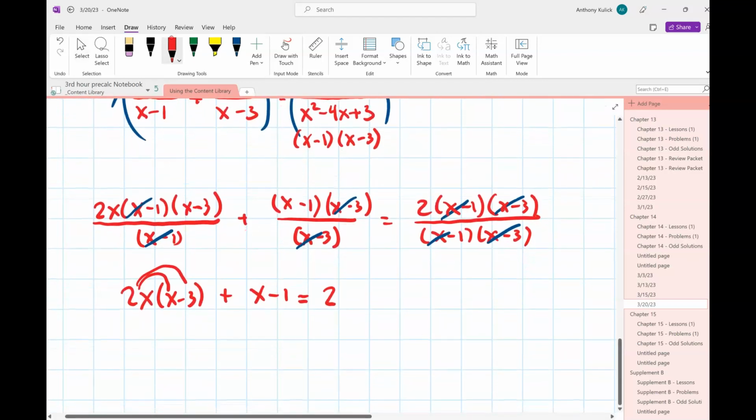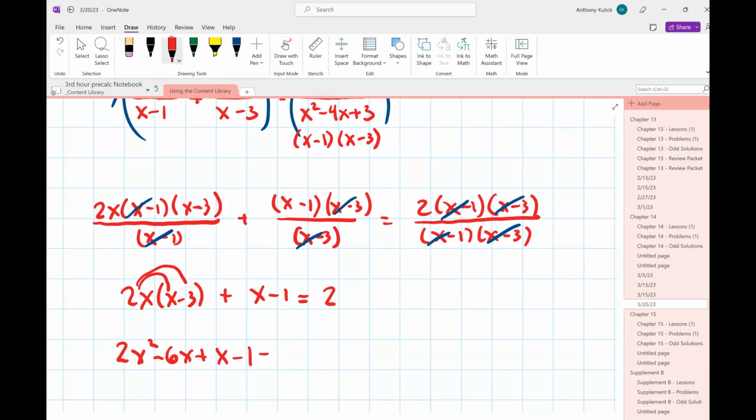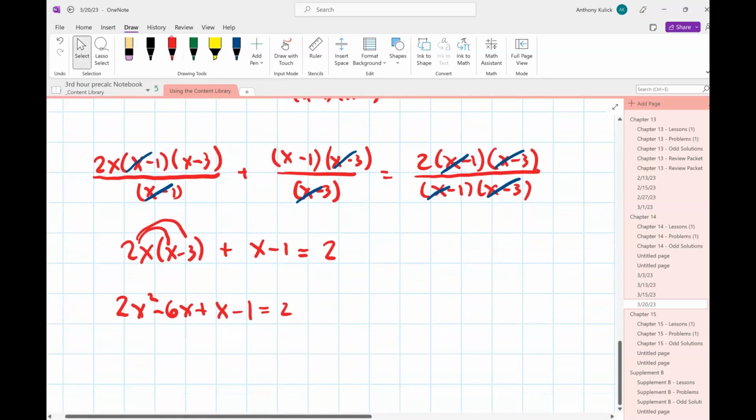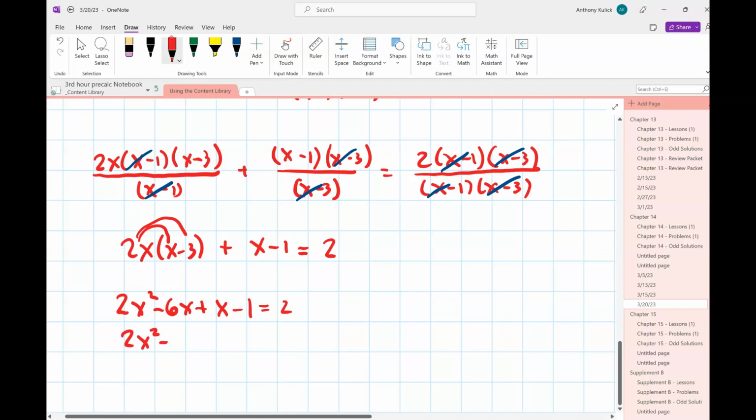Distribute through. Combine some like terms and move everything onto one side.